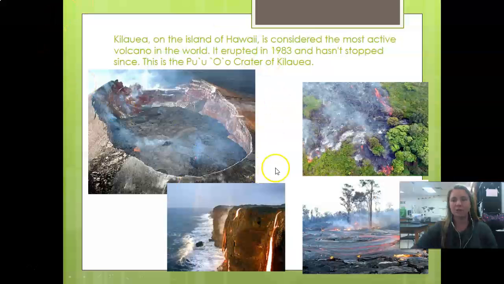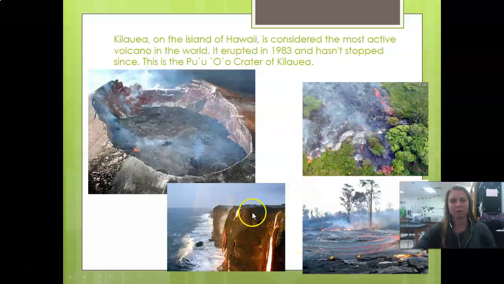Just to give you a picture of some of our Hawaiian island volcanoes, once again that magma is very basaltic. It has a lot of water in it, so it's a little bit more runny. And so here is one of the craters there. You can see the magma running into a field. It will solidify and just create new rock, and then hopefully vegetation will overtake it at some point.